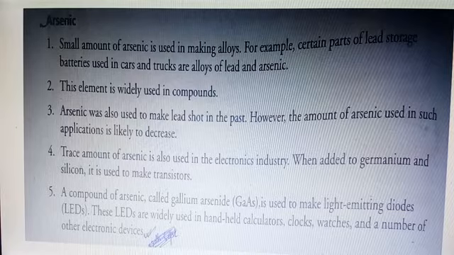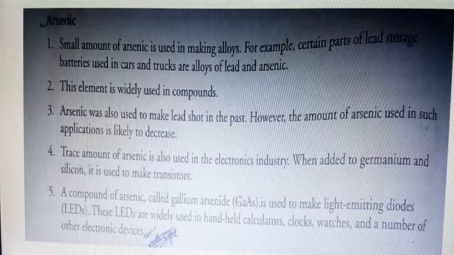A compound of arsenic called gallium arsenide is used to make light emitting diodes, LEDs. I think you are very much familiar with these LEDs. TVs are now LEDs, mobile phones have LEDs, even our bulb is an LED bulb. What is the full form of LED? Light emitting diodes.